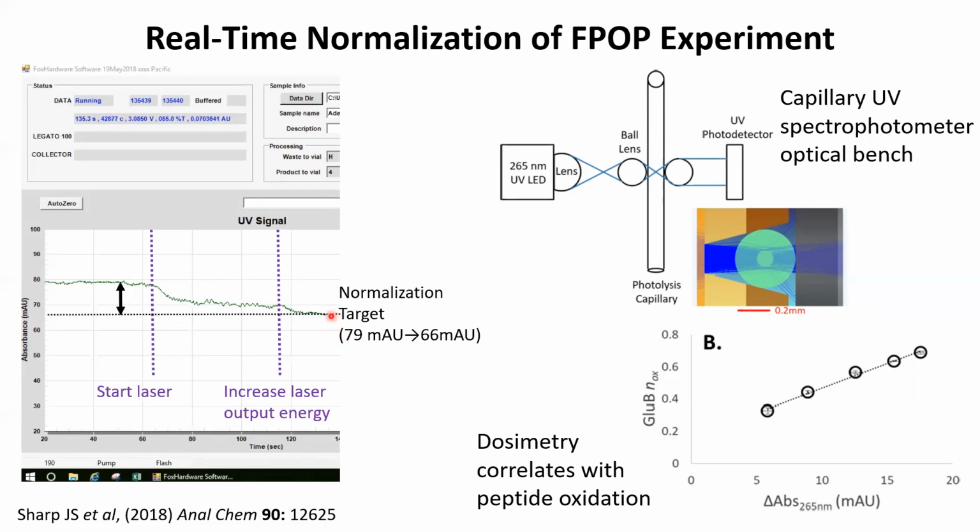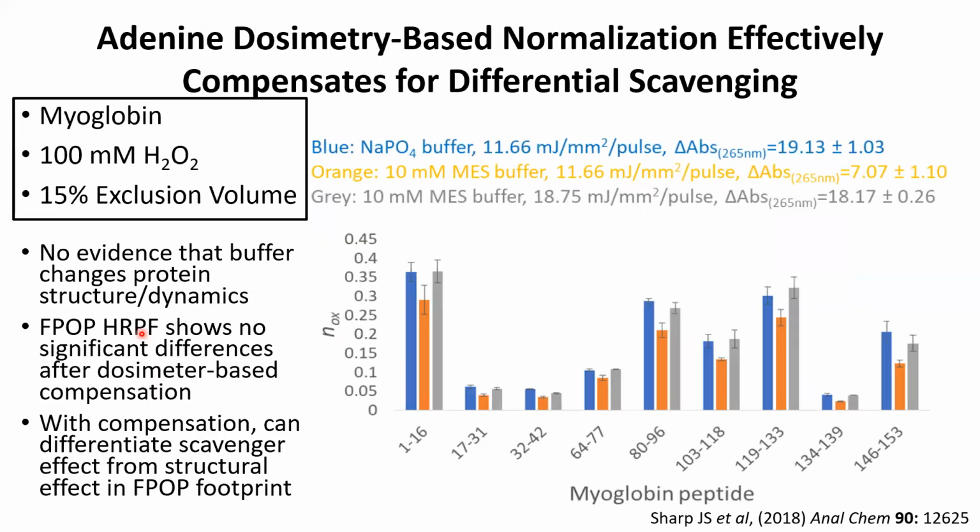I'm now creating the same effective radical concentration that my dosimeter sees, and therefore that my protein analyte sees. Since dosimetry readings correlate linearly with peptide and protein oxidation, this should mean that as long as I compensate based on dosimetry, I should be able to get the same footprint for the same structure under two widely different radical scavenging backgrounds. But does it actually work?